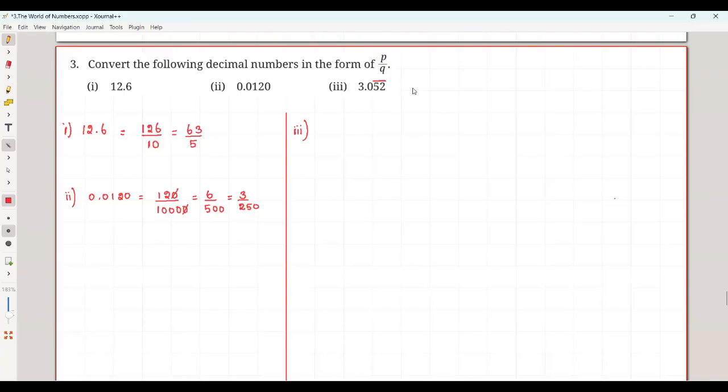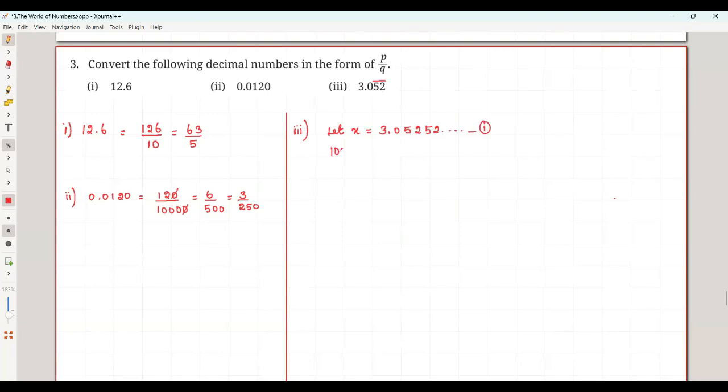Anyway, as two digits are repeating, you have to multiply by 100. First step, let x is equal to 3.05252..., 52 is repeating. This is the first equation. As only two digits are repeating, I have to multiply by 100.